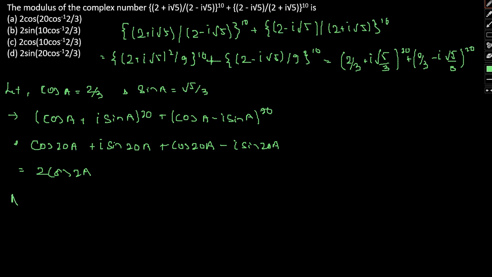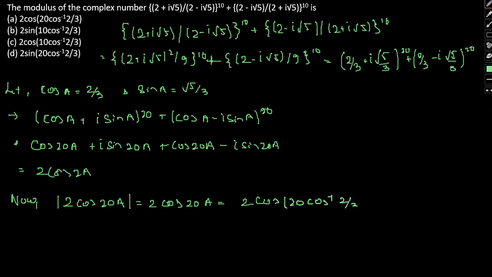And now what we can actually say, if we take the mod of the same, we can further write it as 2 cos of 20 cos inverse 2 by 3.